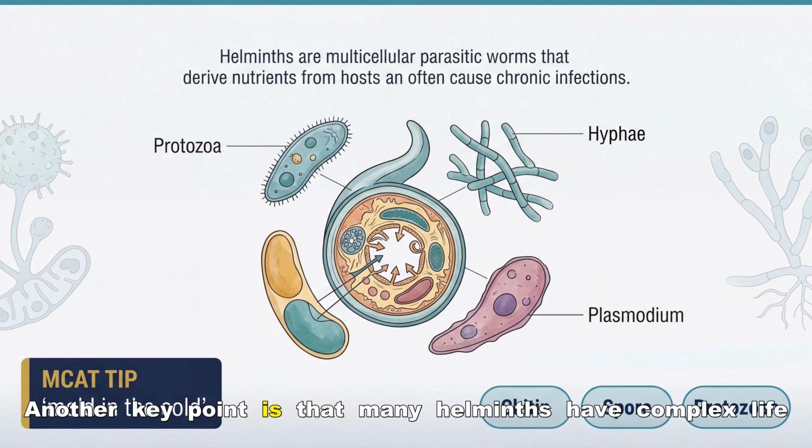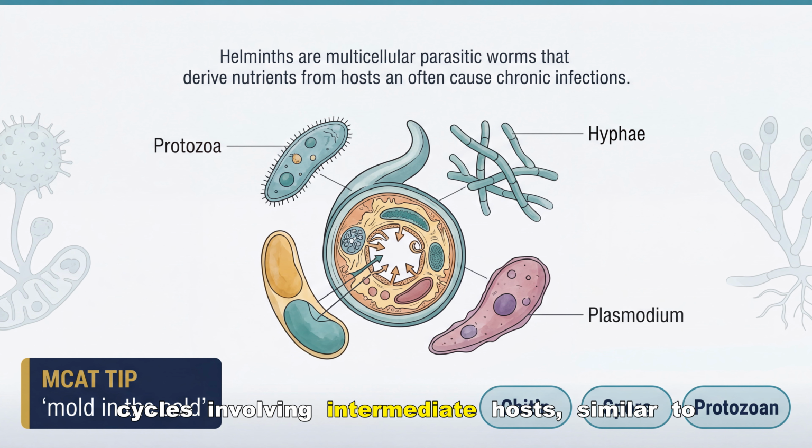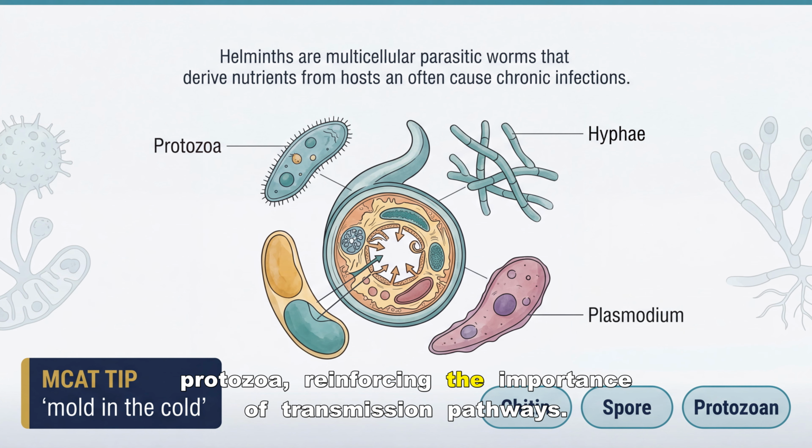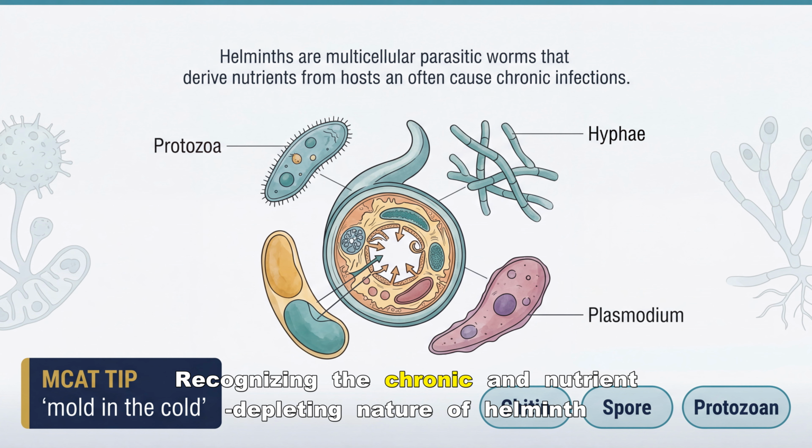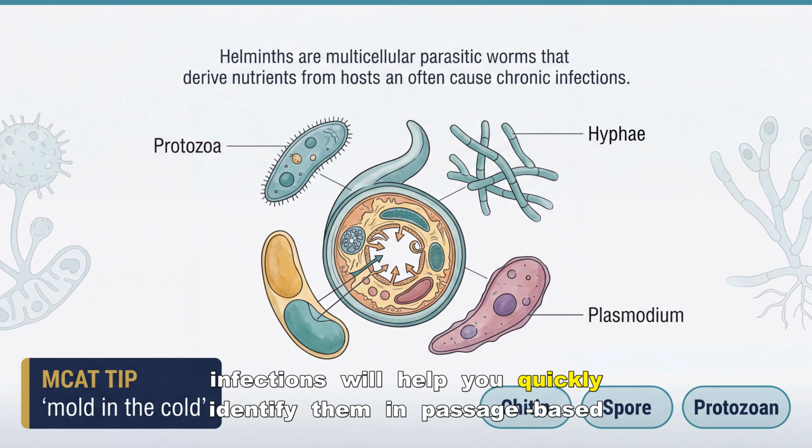Another key point is that many helminths have complex life cycles involving intermediate hosts, similar to protozoa, reinforcing the importance of transmission pathways. Recognizing the chronic and nutrient-depleting nature of helminth infections will help you quickly identify them in passage-based questions.